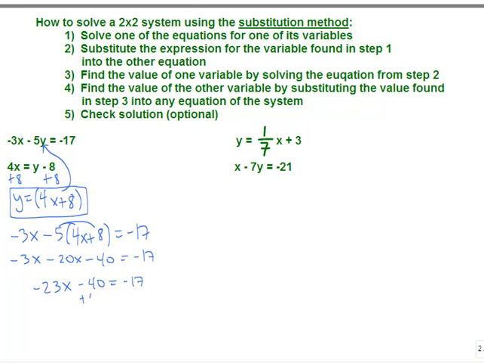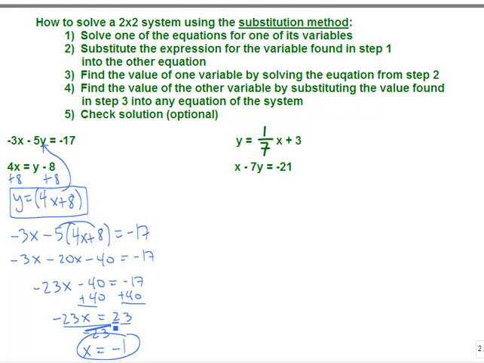And if I add 40 to the other side to get my numbers together, negative 23x equals 23. 40 minus 17 is 23. So if I divide both sides by negative 23, I get x equals negative 1. Put a circle around that. Now that is part of our answer.